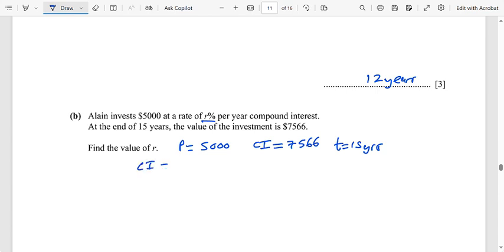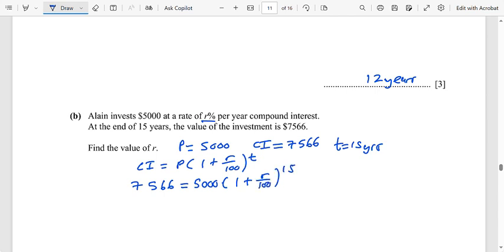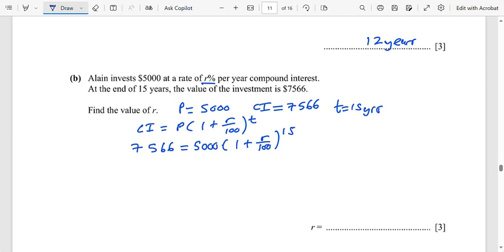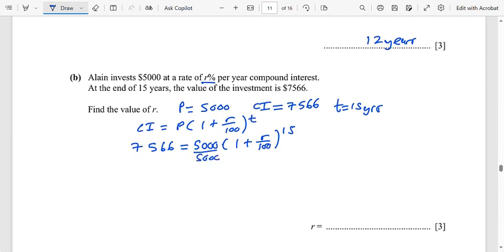So compound interest formula is given by P of 1 plus R over 100 to the power T. So our compound interest, that's the value of the investment, 7,566, is equal to the principal 5,000 of 1 plus R over 100 to the power 15. So the first thing that we need to do there is to divide both sides by 5,000 because we need to make R the subject of the formula.